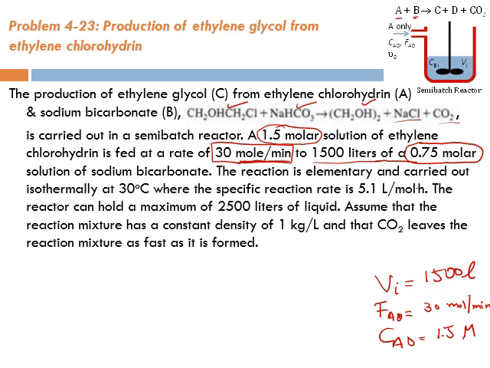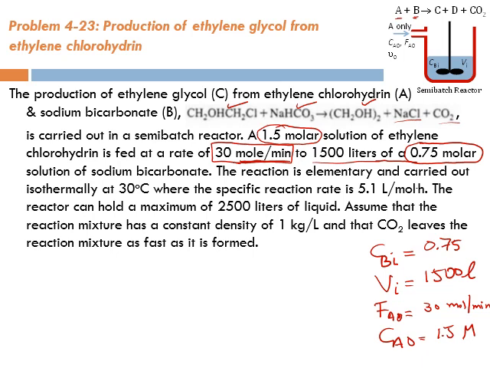So it is Cb and it is inside the reactor, correct? So I cannot give it the subscript naught, so I give it the subscript i because that's initially charged to the reactor.